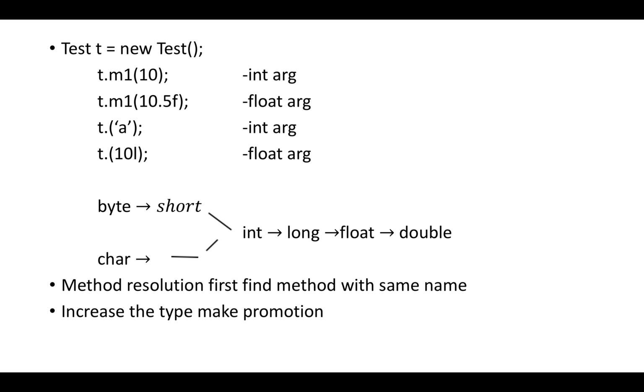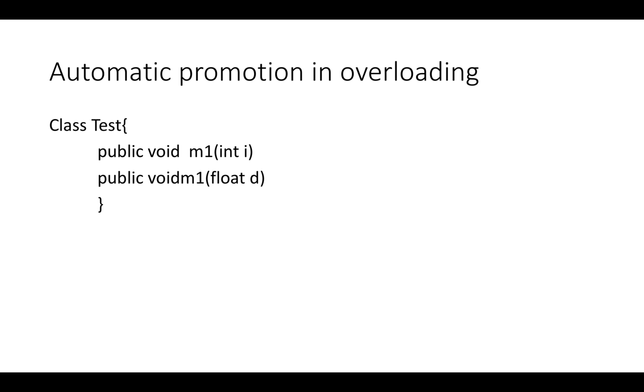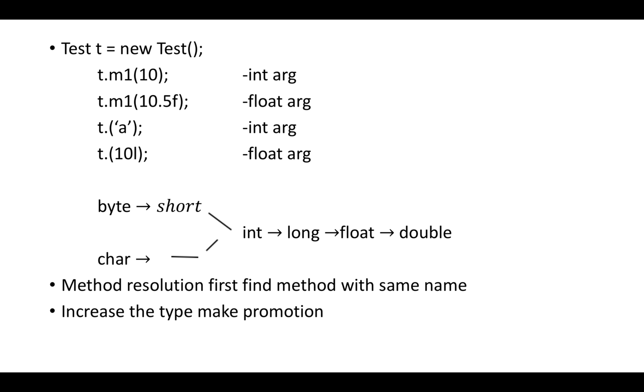If there is no perfectly matched argument, then the JVM promotes the data type. After character it's going to be integer, so it first checks if there is any method with an integer argument, yes, so it will simply execute the integer argument method.